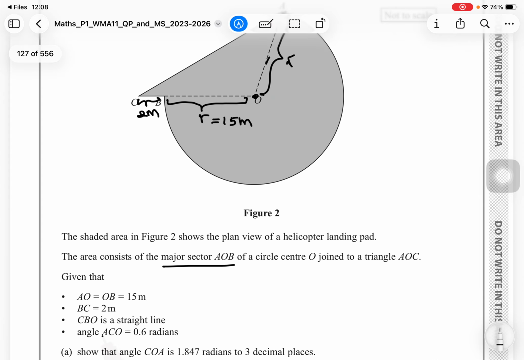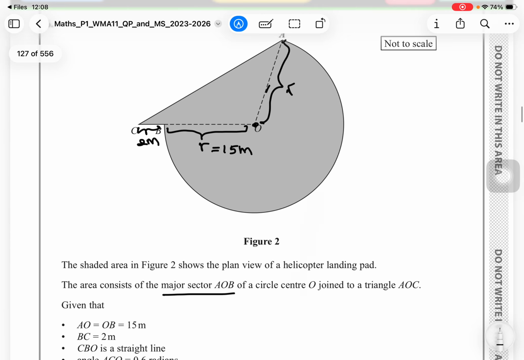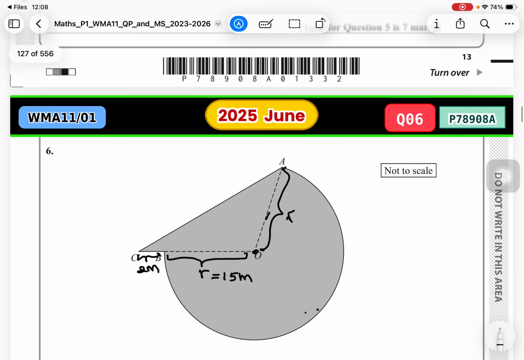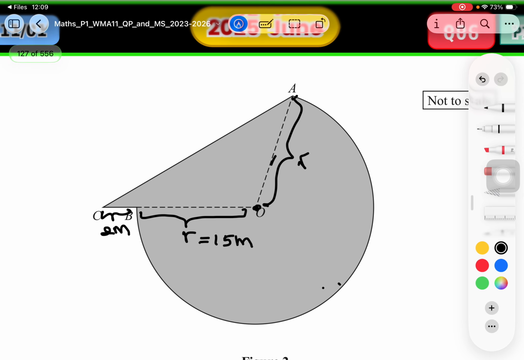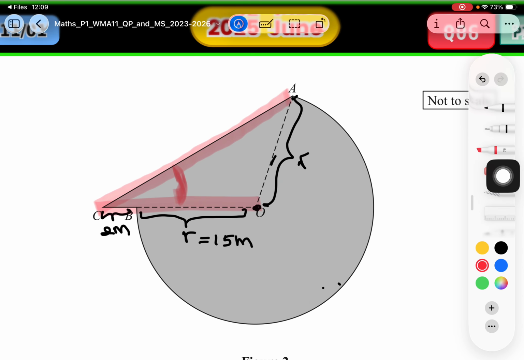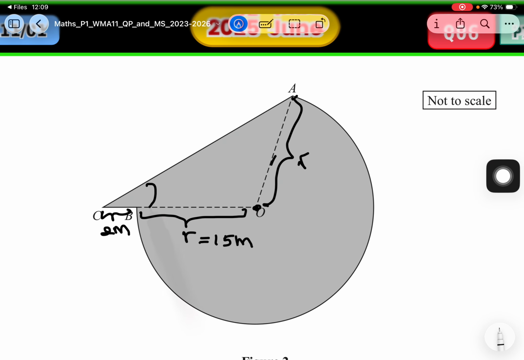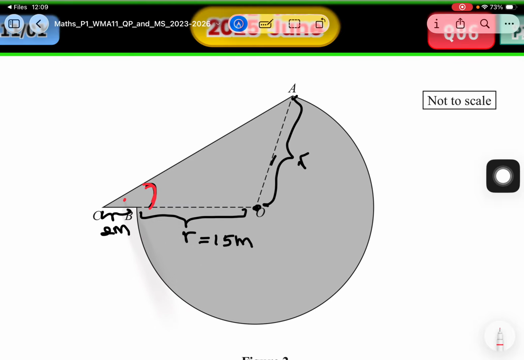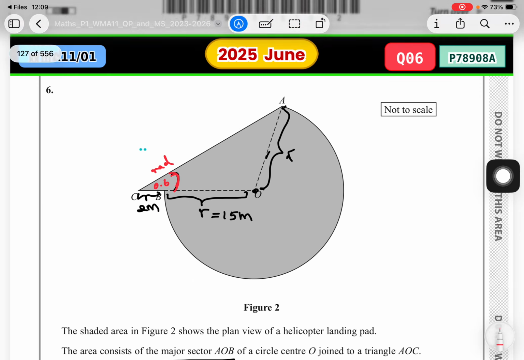Angle ACO is 0.6 radians. So if we check ACO, the angle would be this, which would give us 0.6 radian. So we have a lot of information.